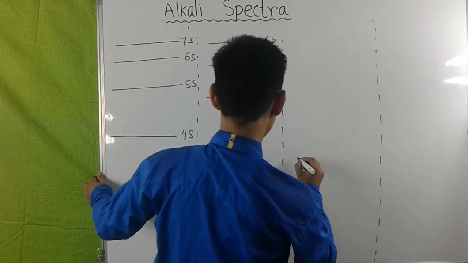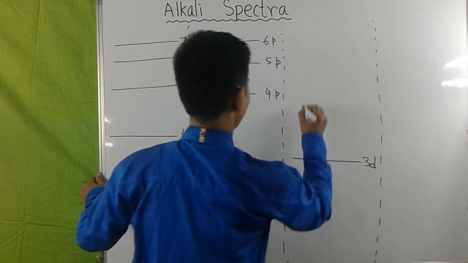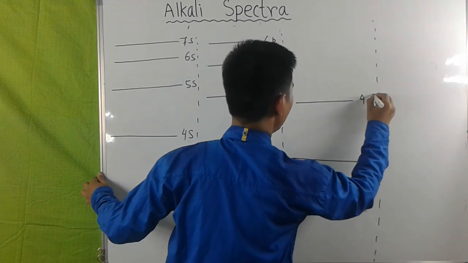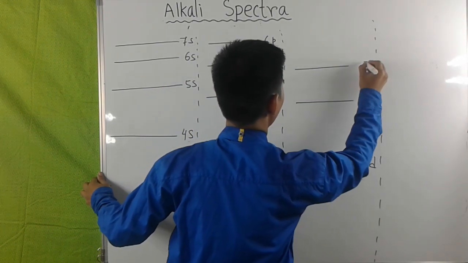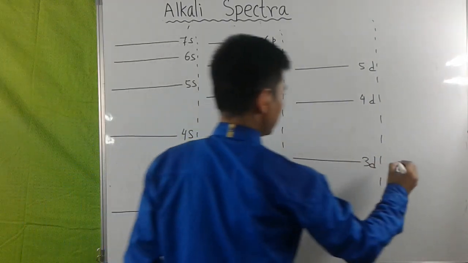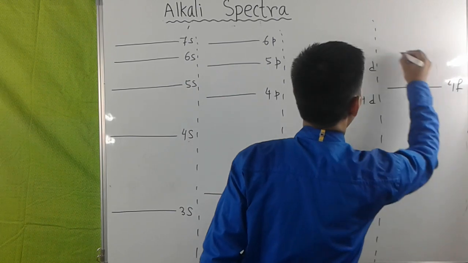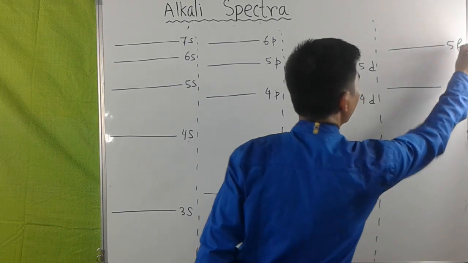Suppose this is the 3d level, this is the 4d level, this is the 5d level. And suppose this is the 4f level and this is the 5f level.